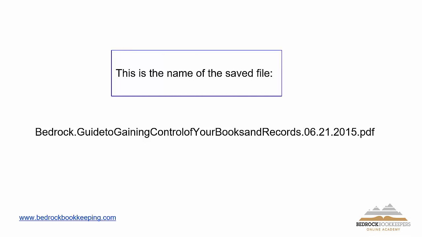It's Bedrock, so anytime I want to find a Bedrock file, I can find one. Guide to Gaining Control of Your Books and Records is the name of the file, and this is the date. So you can imagine if I update this ebook on August 21st, I'm going to rename it. Now this gives me a shot at finding the latest version of my book.